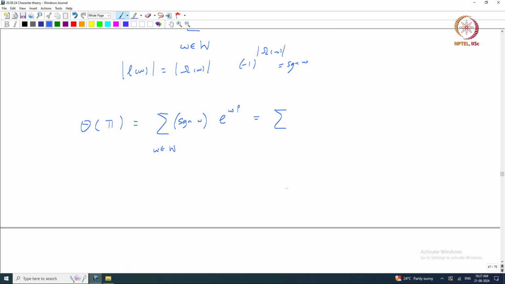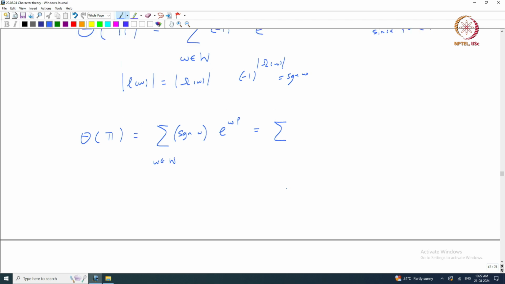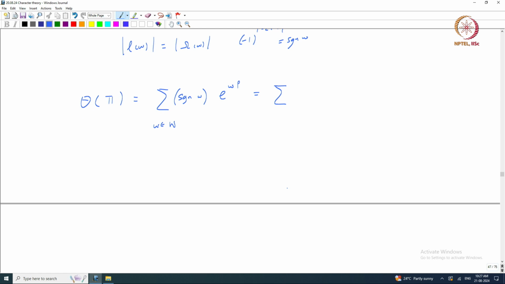Okay. But we know that this theta of pi can actually be thought of in a different way. So, if you actually think about it, because this is sigma, you can see that theta of pi is nothing but theta applied on e power rho.